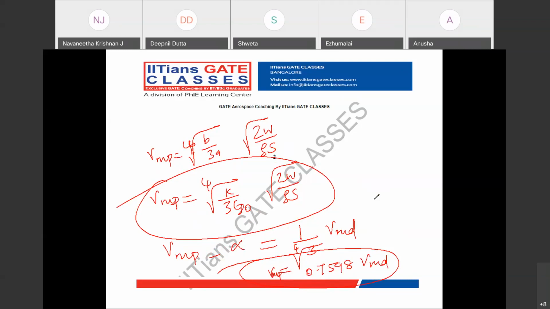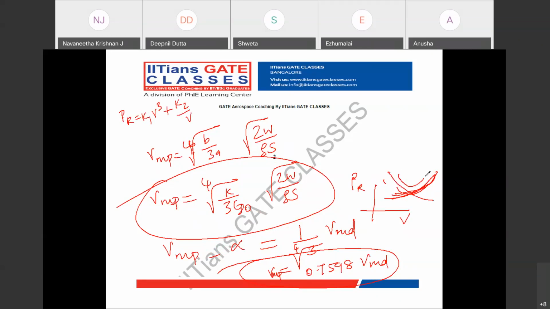Okay. How is the power required versus velocity curve? It will be like this. So there will be two trends, right? One is power required is nothing but K1 into V cube plus K2 divided by V. K1 into V cube follows this trend. K2 divided by V follows this trend.